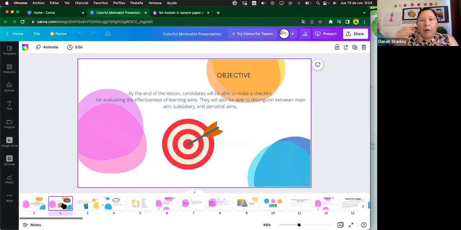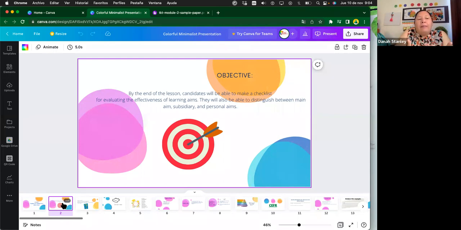And the task was to analyze our own lesson plan and try to identify the main aim, the subsidiary aims, and the personal aims. Today, we are going to analyze the structure, the physical structure of a lesson plan.